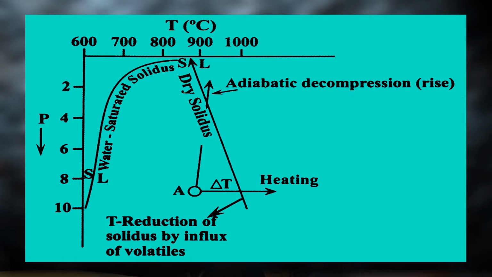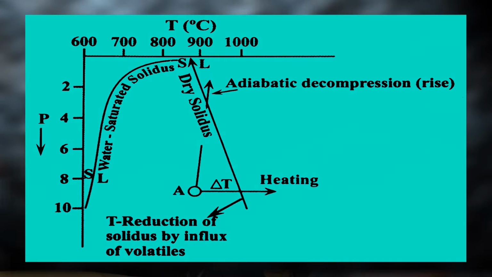exemplified by basaltic eruption at the mid-oceanic ridges, when the point A moves adiabatically, thermally insulated from its surroundings, like a plume. Melting also takes place when influx of volatiles, mainly H2O, occurs during metamorphism.